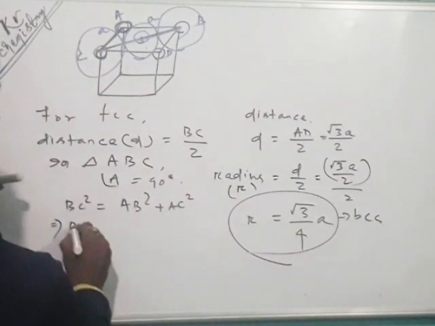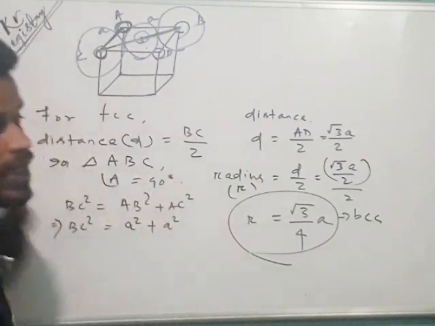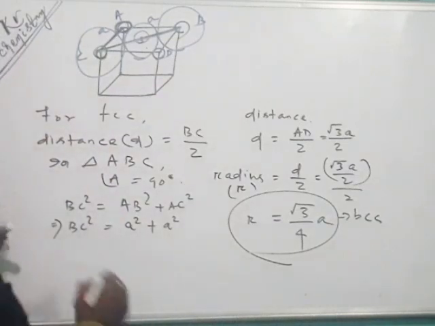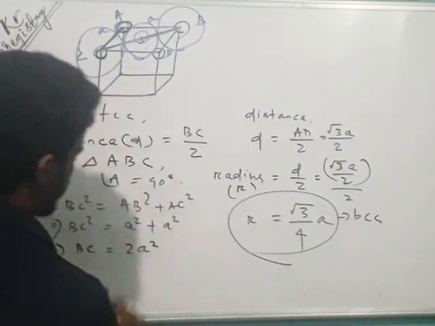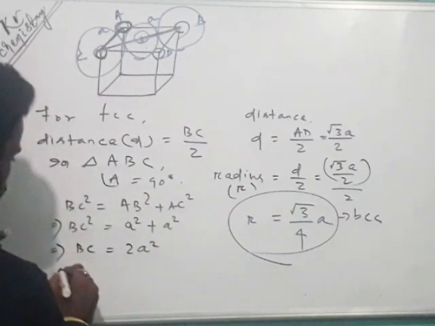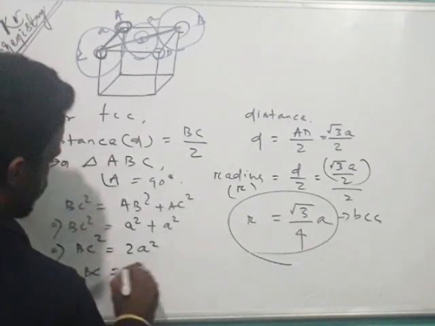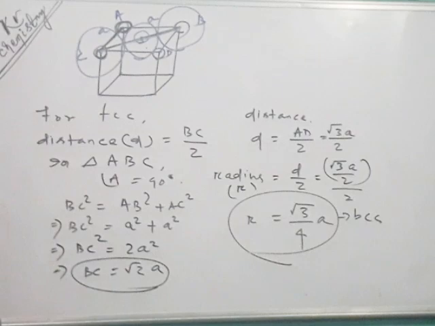AB and AC are the edge length of the cube, that is A square. That implies BC square is equal to 2A square. BC is equal to root 2 into A.